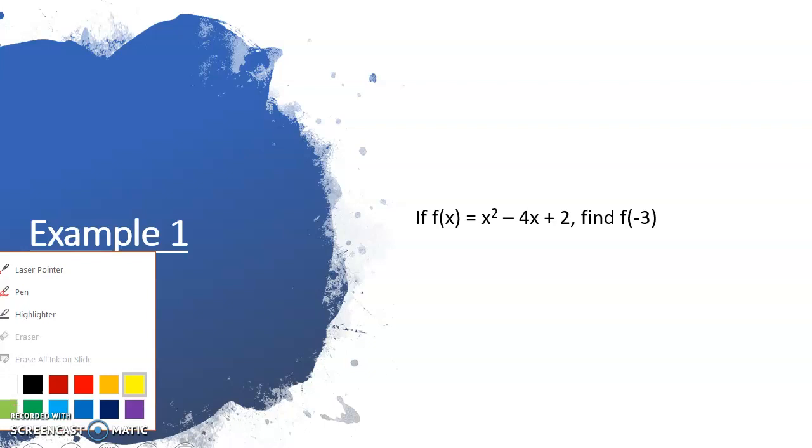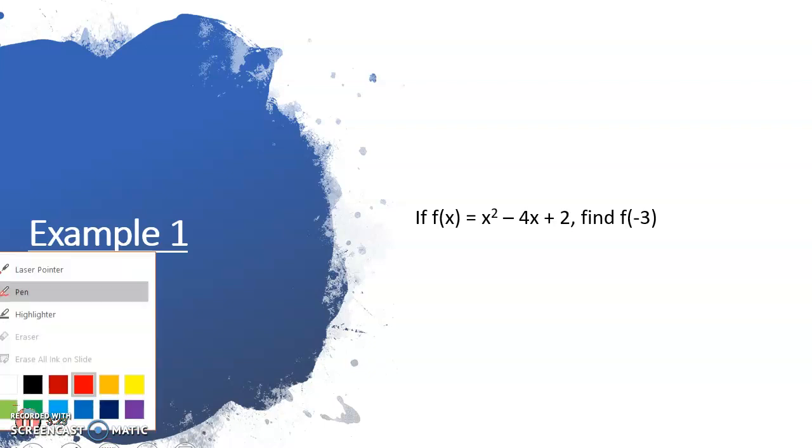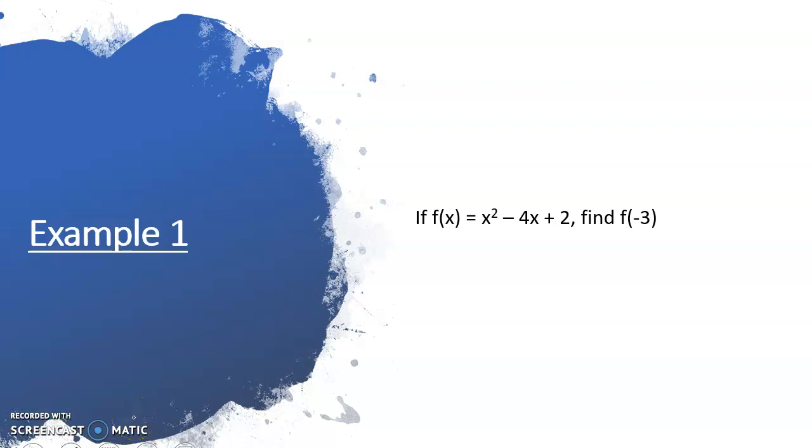Go ahead and copy this example into your notebook, and again, at any time you can hit pause to do that. If f of x equals x squared minus 4x plus 2, find f of negative 3. Hopefully what you're going to notice is that this is f of x, and it wants you to find f of negative 3.